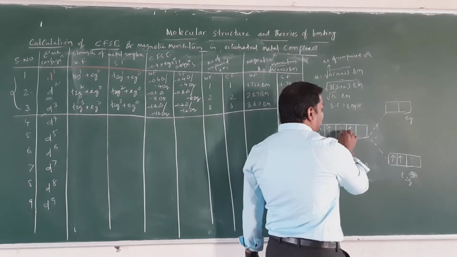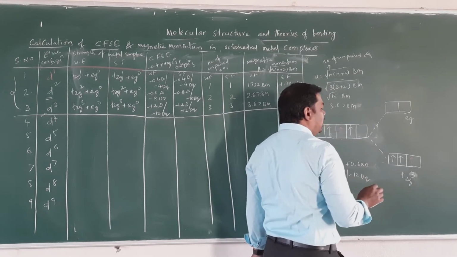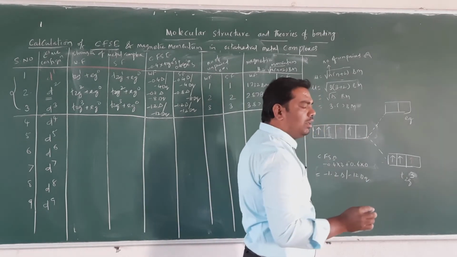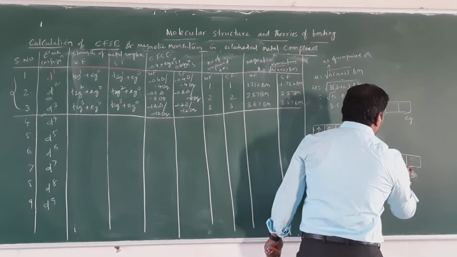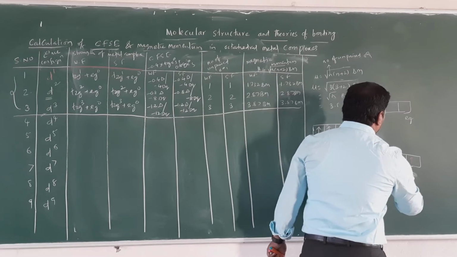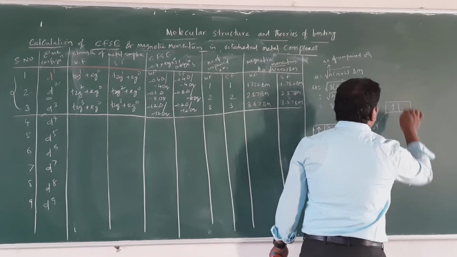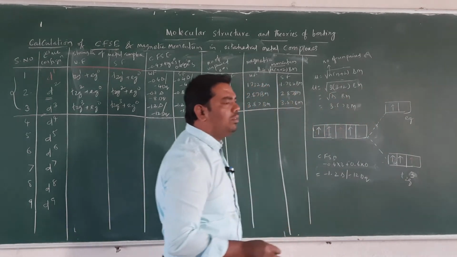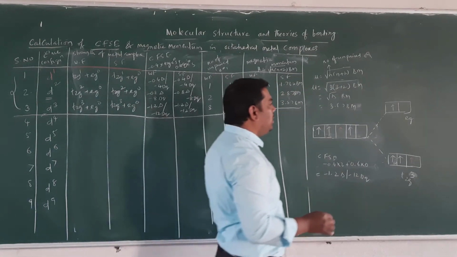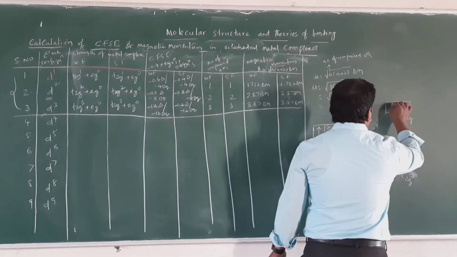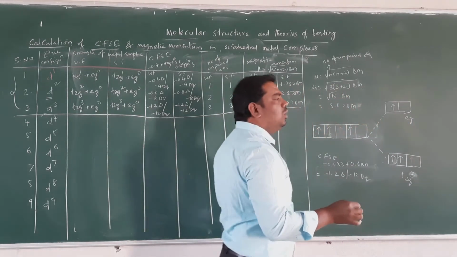For weak field complex, as I already said, weak field complex follows Hund's rule. So the fourth electron is placed into the higher energy Eg level only. For weak field complex, the fourth electron is placed into the higher energy Eg level, because it follows Hund's rule.